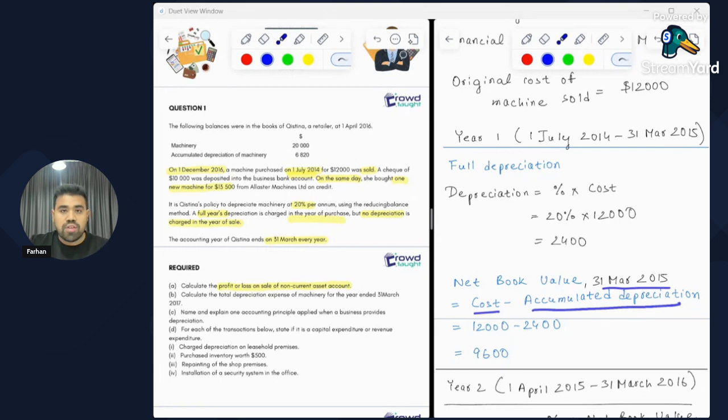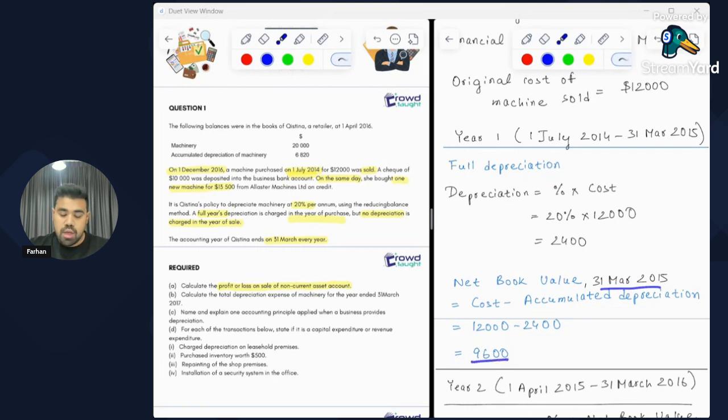So the original cost, as we understand, is $12,000, and the total depreciation is $2,400, because in the first year of usage, the depreciation that we have so far is $2,400. So altogether, the net book value at the end of 31 March 2015 is $9,600.